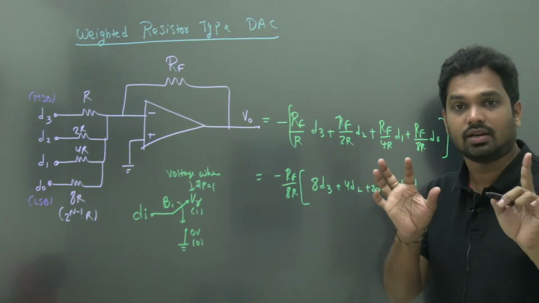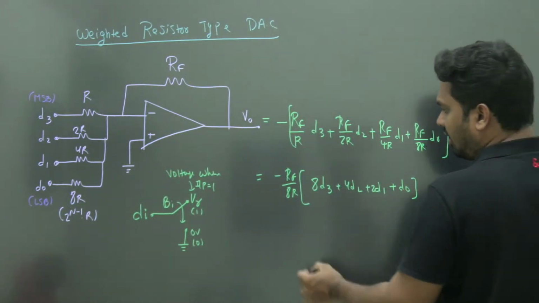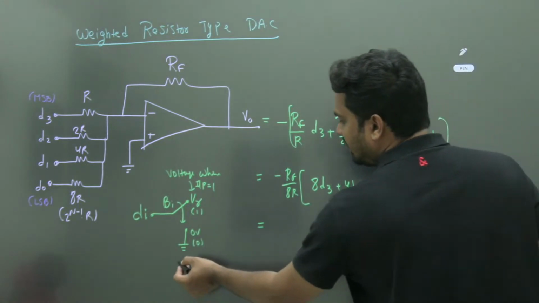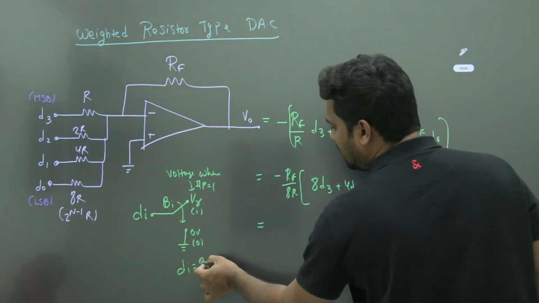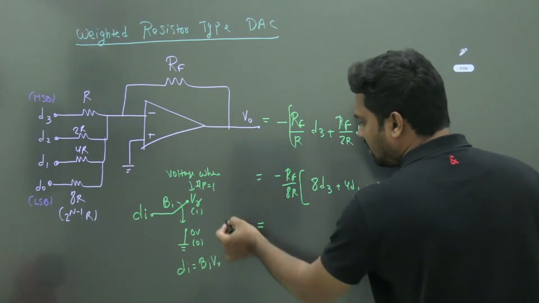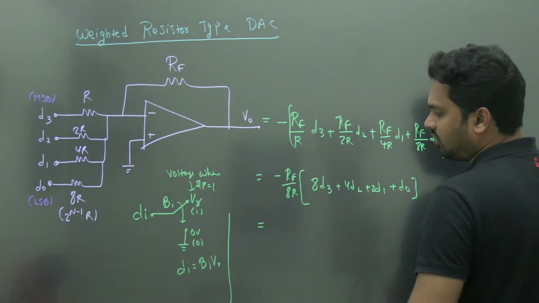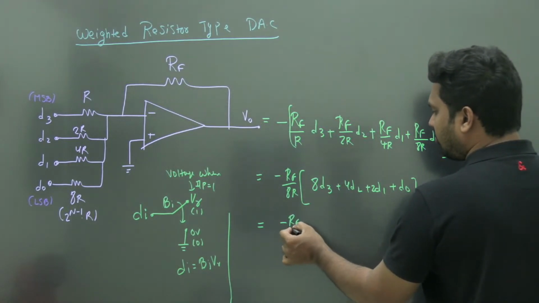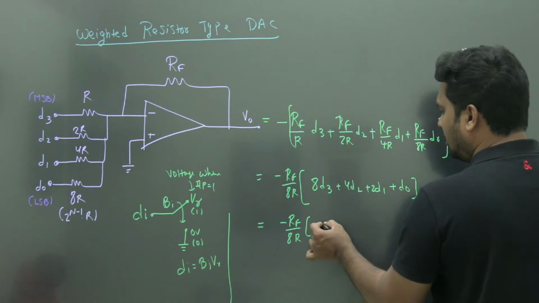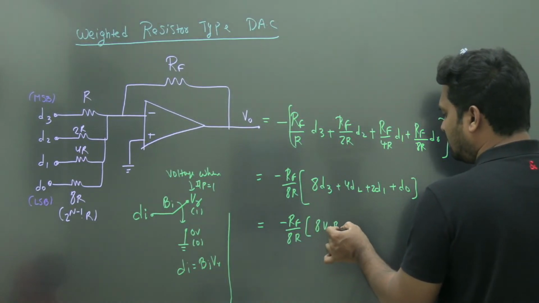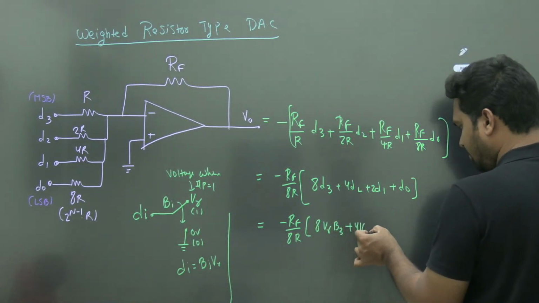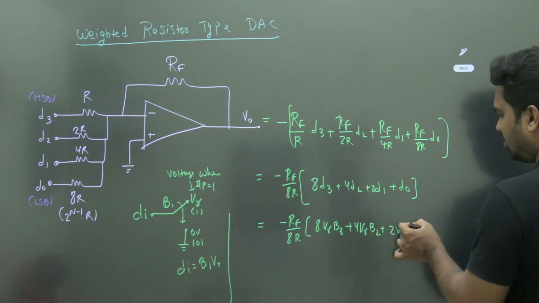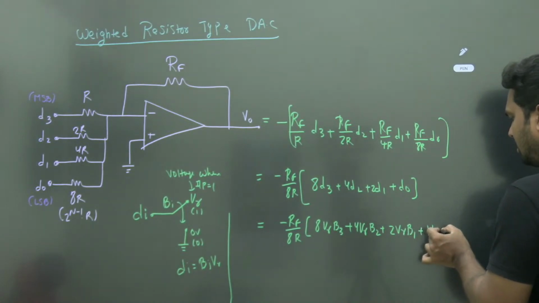Now listen carefully. Here I can say any particular bit Di is equal to simply Di into VR. If the particular bit is 1, you get VR volts. If the particular bit is 0, you get 0 volts. So I can say this is minus RF by 8R into 8 VR into B3, plus 4 VR into B2, plus 2 VR into B1, plus VR into B0.